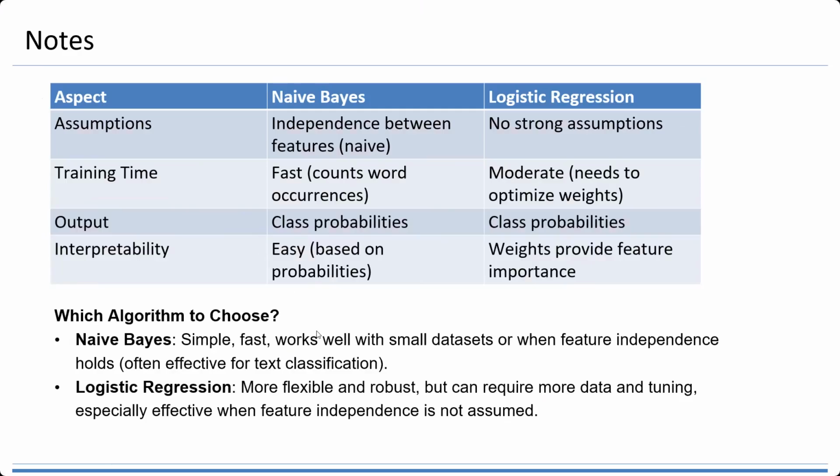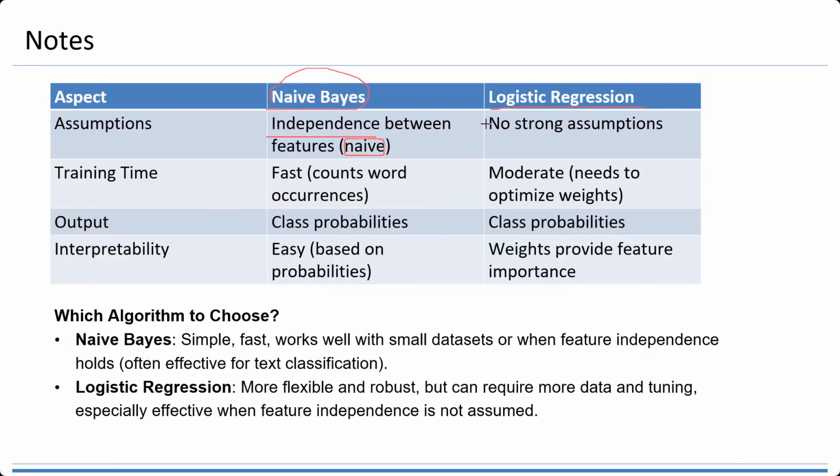Now, there are some notes before you do the algorithms. There are some assumptions. For Naive Bayes, the assumption is independence, so there is no dependency between the features. That's why they call it naive.